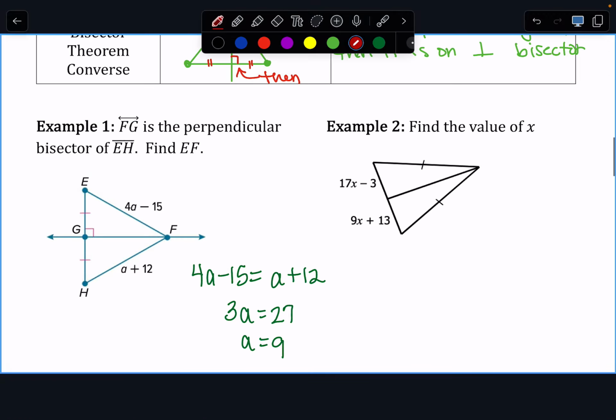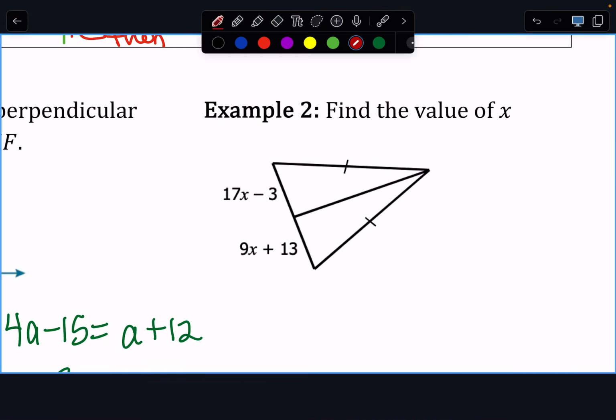Okay. What about example 2? So what's happening is since these are equidistant from our endpoints, then we can conclude that this is a perpendicular bisector.